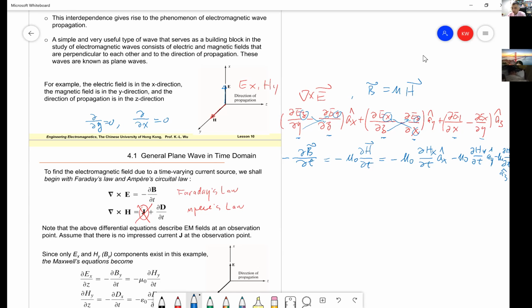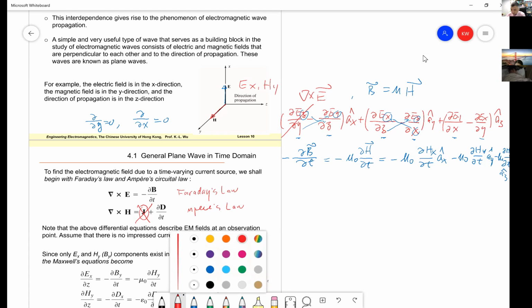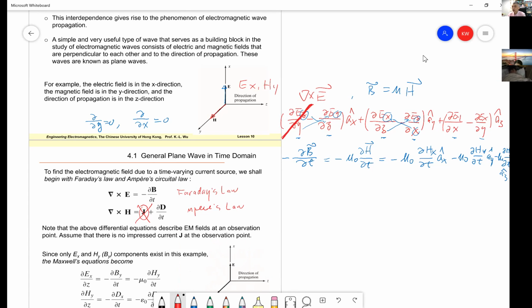Okay, then in this case, let's look at our curl E. Partial y equals 0, right? This equals 0 because partial y equals 0. Then partial x equals 0, right? So partial x and partial y both equal 0.